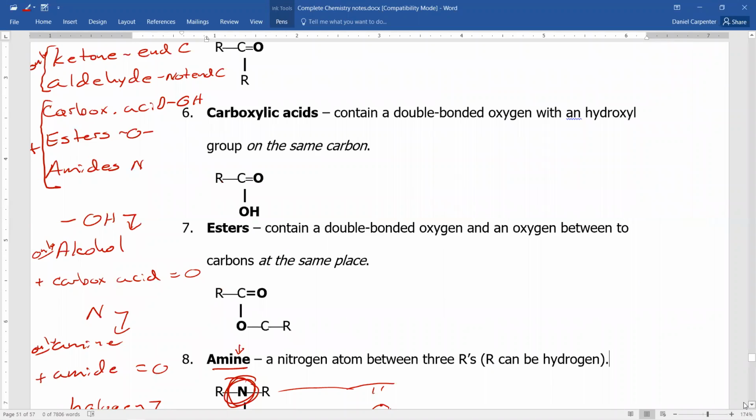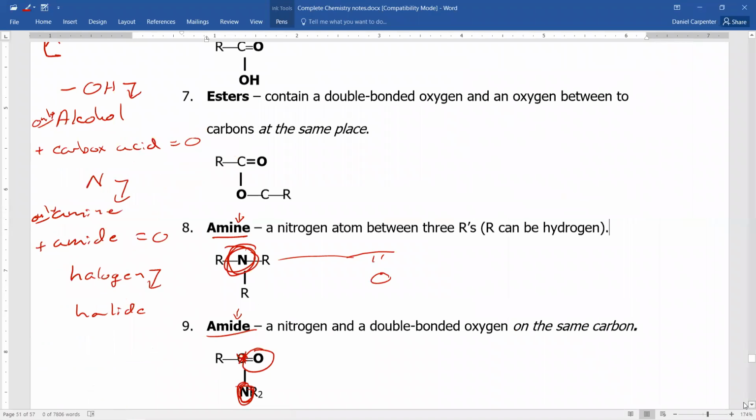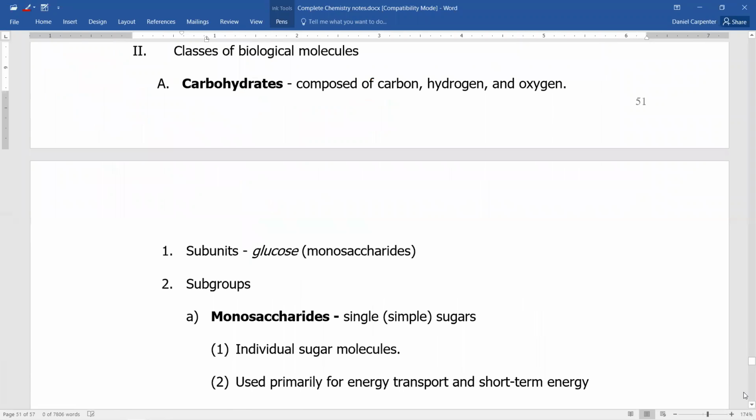So, biological compounds, biological molecules, 4 categories: carbohydrates, lipids, proteins, and fats. Just an awful lot of confusion if you just look at it and don't spend time dealing with it. They have subunits and subgroups.